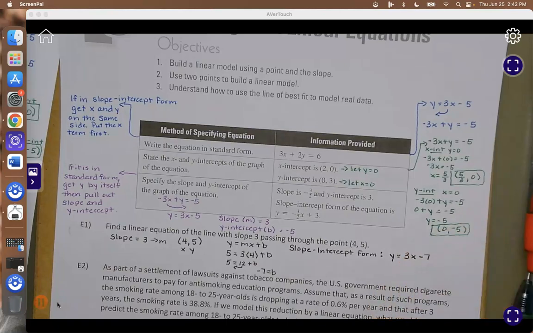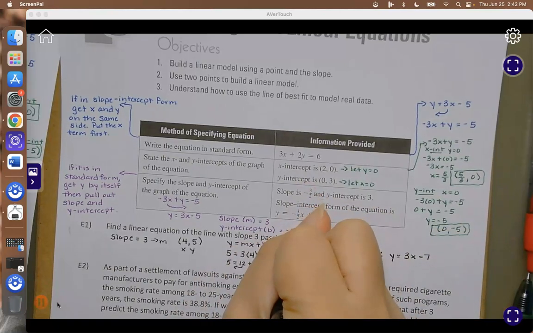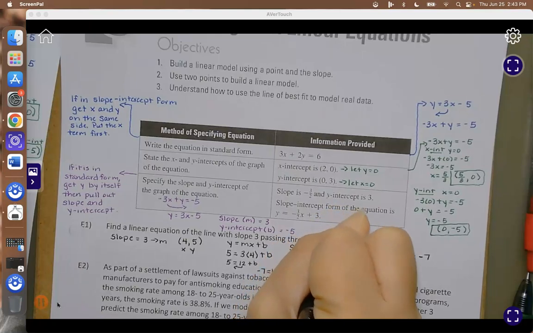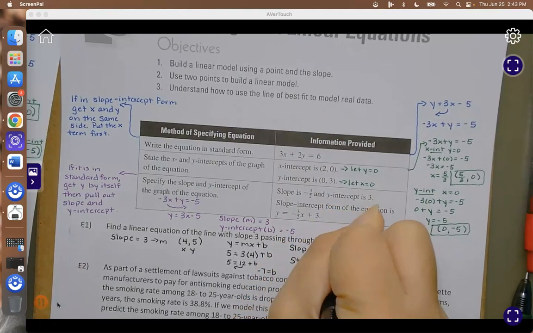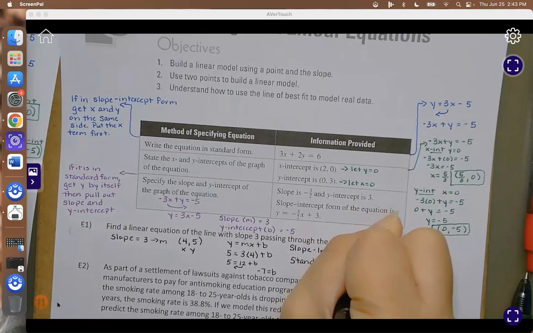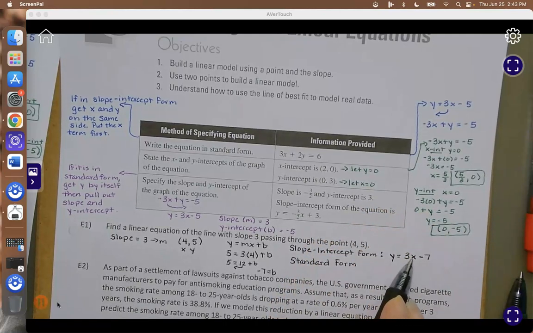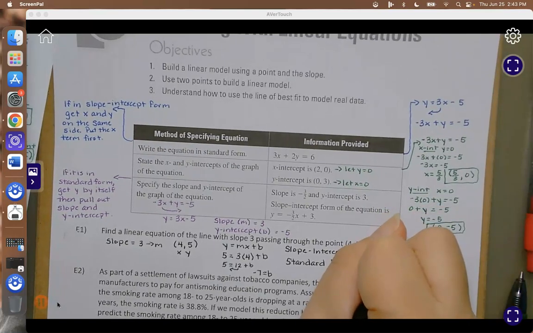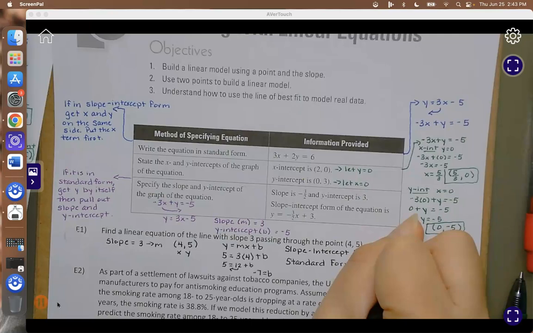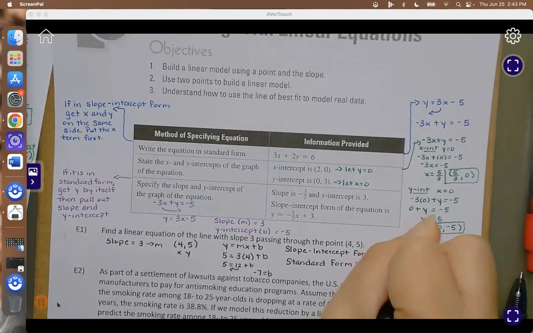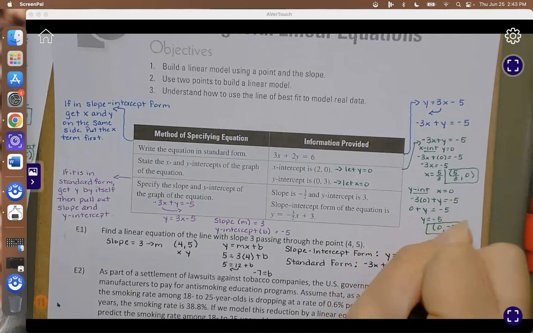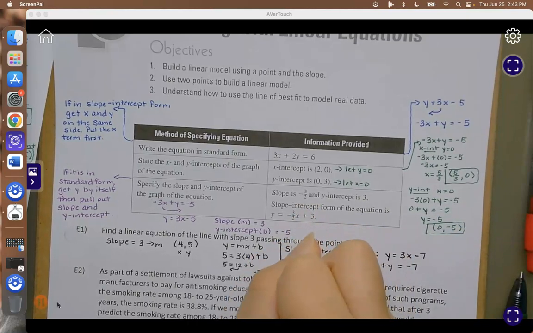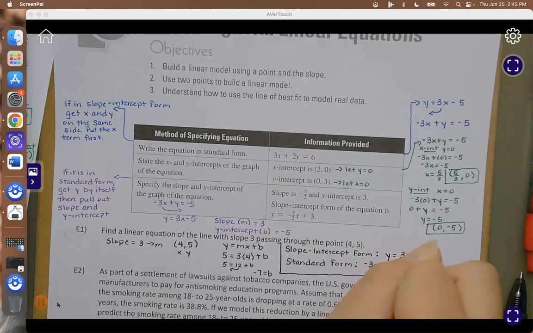Okay? Now, if they want it in standard form, all they want you to do is move this x term over. So when I move the x term over, it becomes a negative 3x. Then you still have the y equals negative 7. And this would be your answer.